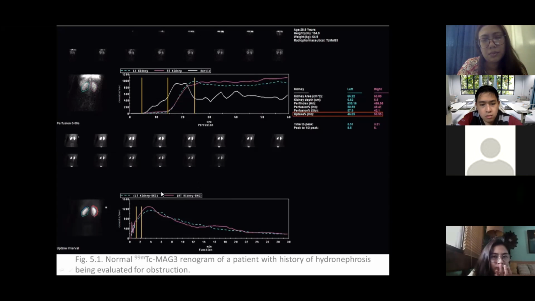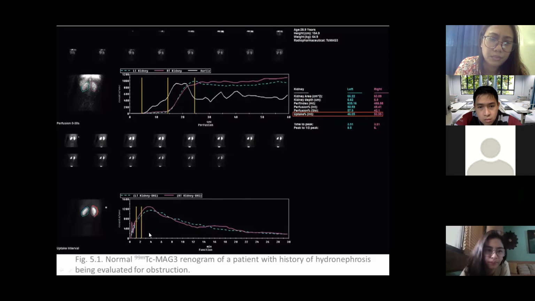And in the lower half, we have the functional phase, which demonstrates the movement of the radiotracer from the collecting system as it transitions down to the ureter and the bladder. This is also confirmed in the time activity curve.